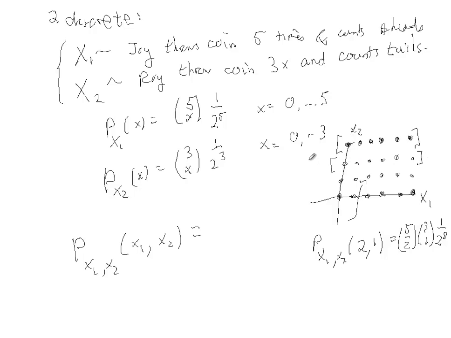For instance, what's the ratio of this probability to this probability? Well, the ratio is the same as the ratio of the probability that X2 is equal to 2 divided by the probability that X2 is equal to 3. That's the only difference between these two probabilities. The X1 value is the same.